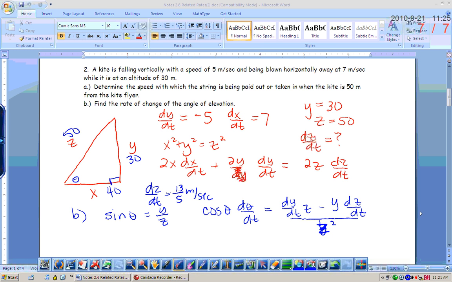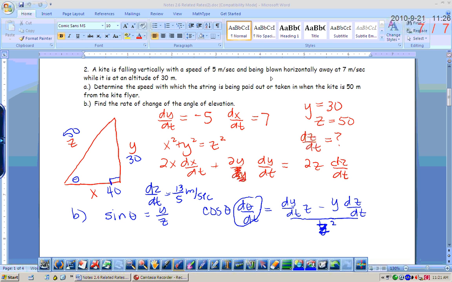And we're looking for the rate of change of the angle of elevation. So which one of these variables am I solving for? d theta dt. Okay, the trick to the whole reason I'm working this problem, I think y'all could have figured this one out pretty quickly, but the whole trick to this problem is figuring out what theta is, or the cosine of theta.